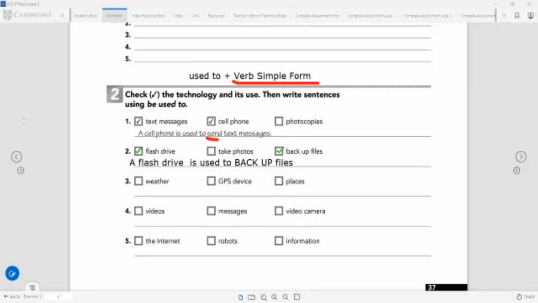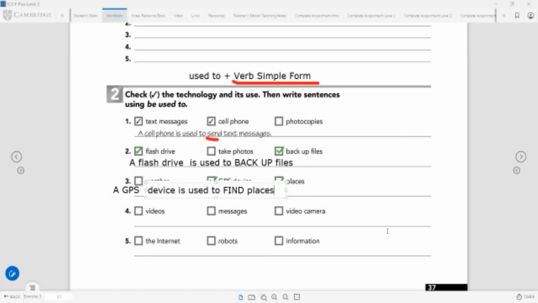We continue with the next. You say the technology is the GPS and the use is places. So you have to write something like this: a GPS device is used to, and the verb in the simple form, the verb to find would be a possible option, used to find places.